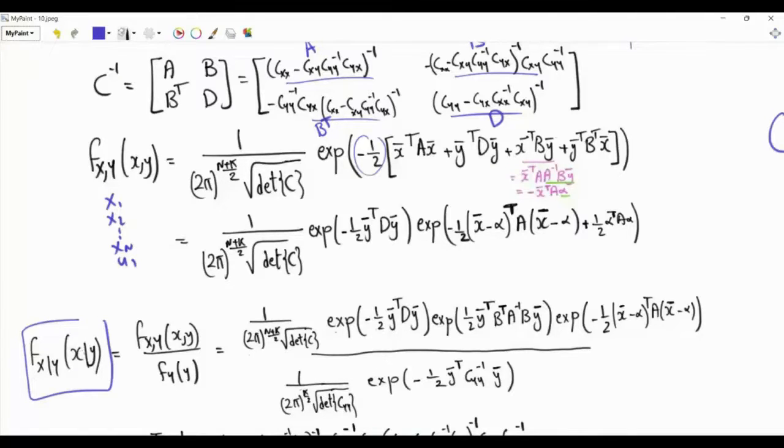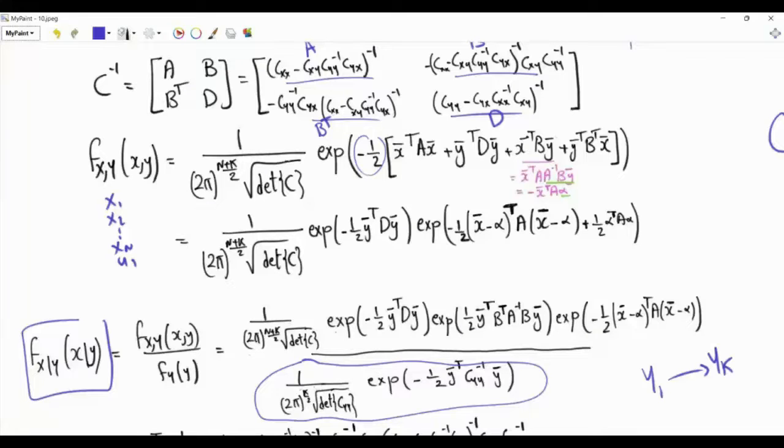The conditional distribution, by definition, is the joint divided by the distribution of the y vector. The distribution of the y vector is a multivariate distribution of the jointly Gaussian random variables y1 to yk. It will be parameterized by the matrix CYY, and in the exponent we'll have CYY inverse, where y bar is y minus its mean vector.